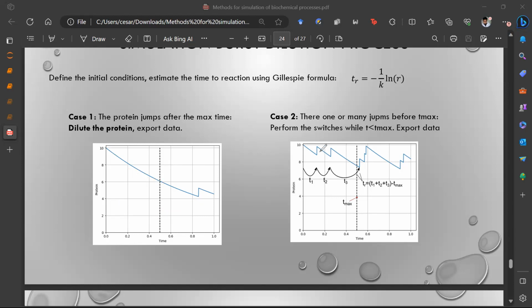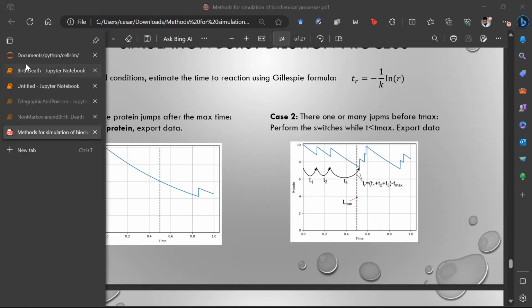Okay, if one or more reactions occur from 0 to my Tmax, I perform all the reactions until the sum of all the times of reaction is greater than my Tmax. In that case, I evolve the system till Tmax and export that value.